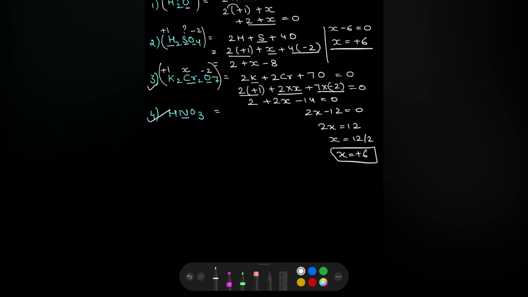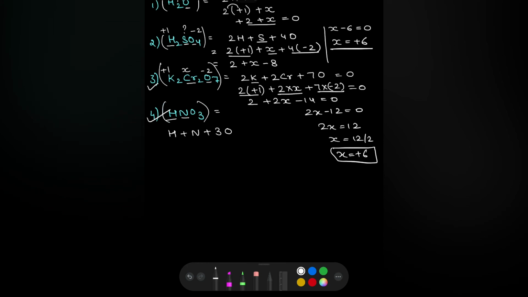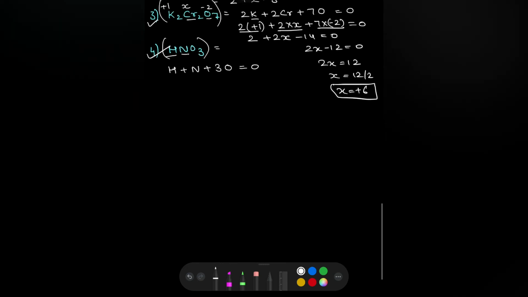Now the other compound we have is nitric acid. We have 1 hydrogen, 1 nitrogen and 3 atoms of oxygen, and since there is no overall charge on the nitric acid, the summation will be equal to 0. Now the oxidation number of hydrogen is +1. We have to find it for the nitrogen, and the oxidation number for the oxygen atom is -2.